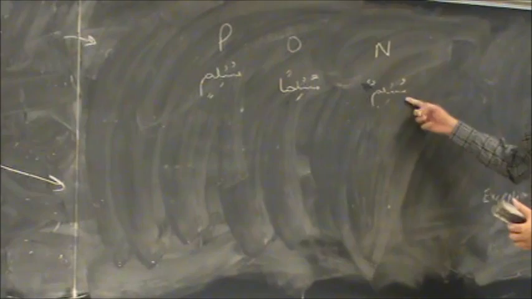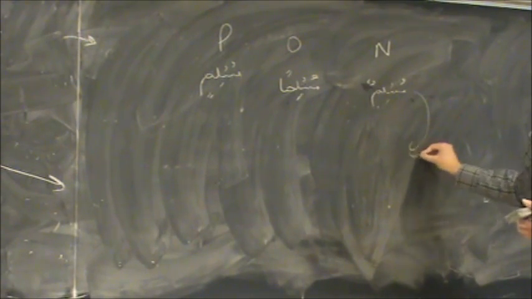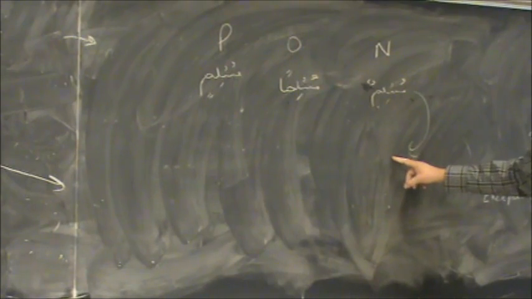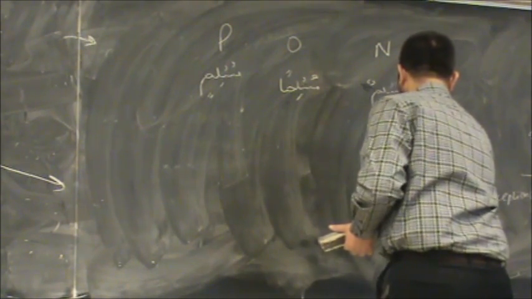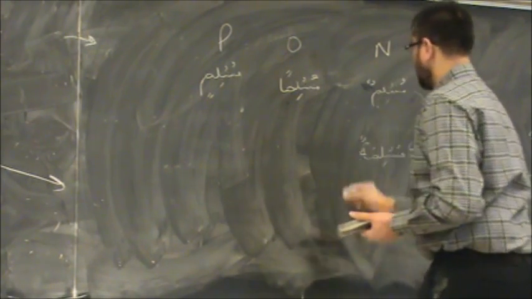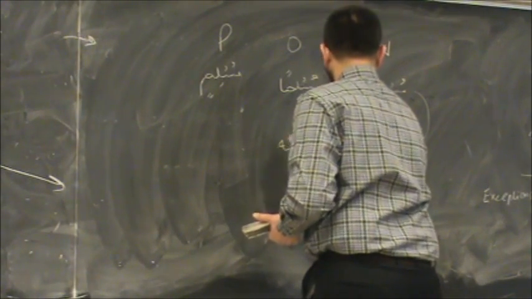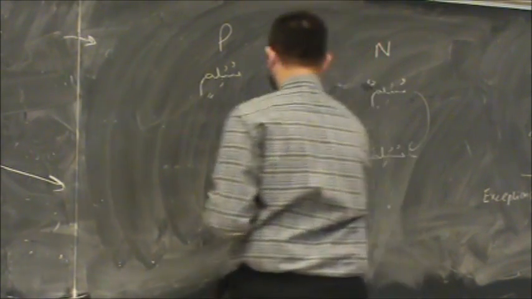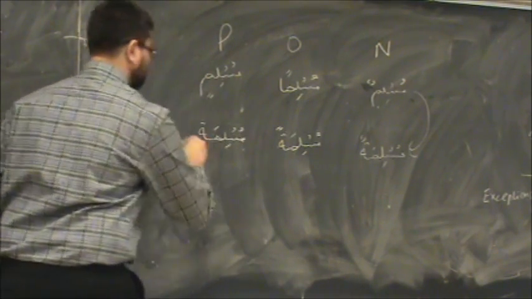And now, since it's also an adjective and real, you can also transform it into feminine, and you'll make it Muslimatun, and then Muslimatan and Muslima.